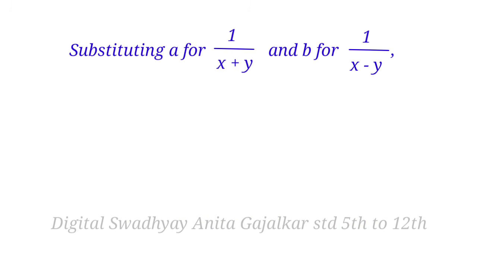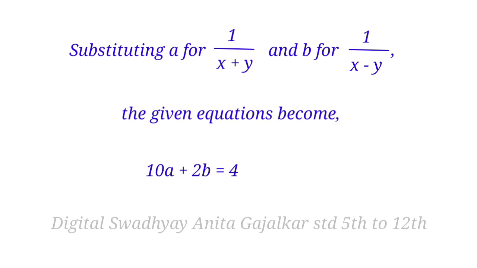Substituting a for 1 by x plus y and b for 1 by x minus y, the given equations become 10a plus 2b equal to 4, equation number 3. 15a minus 5b equal to minus 2, equation number 4.